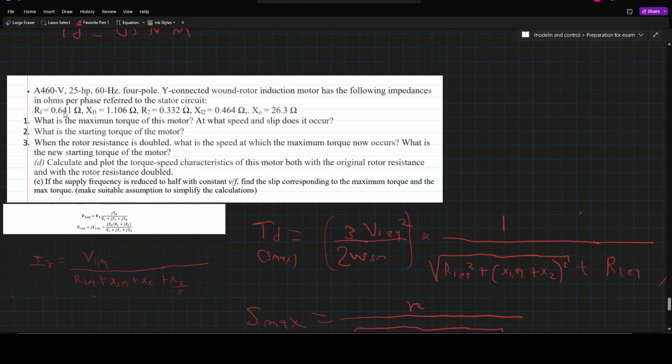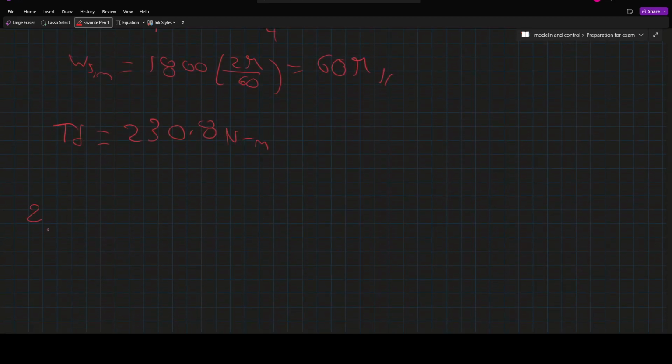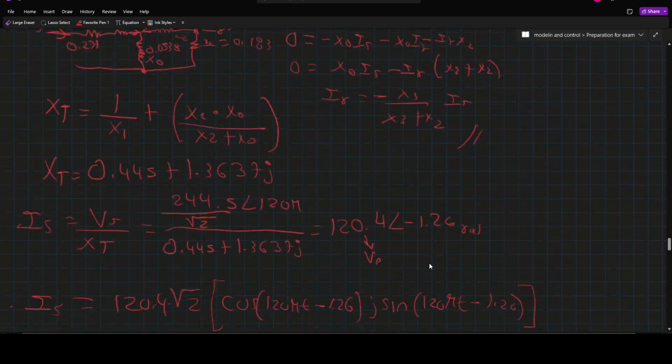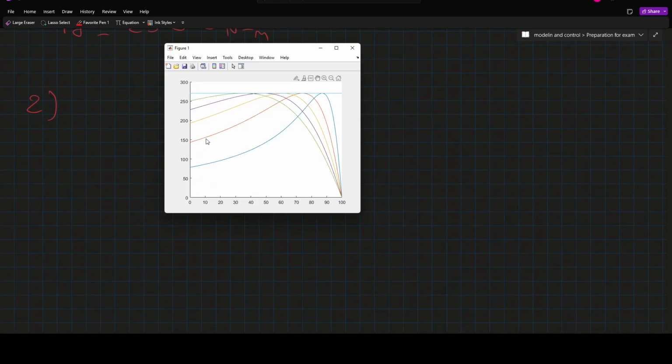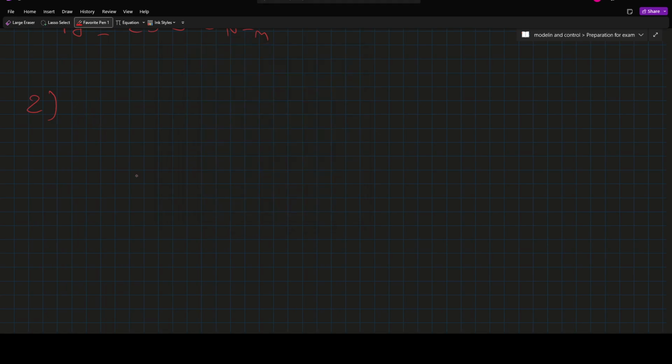Now for the second part, what is the starting torque of the motor? If we go into our formula, we know that when we start, S, the slip, is 1. That is when we have our starting torque.